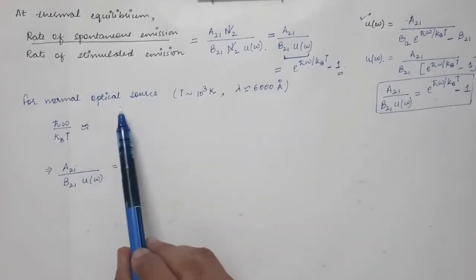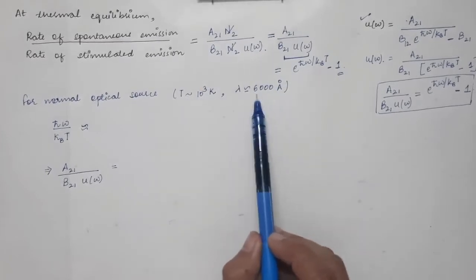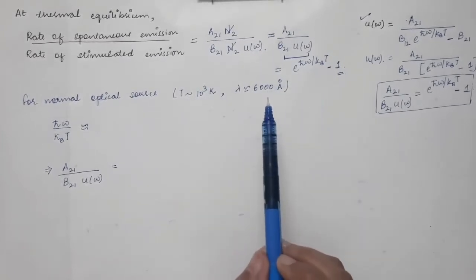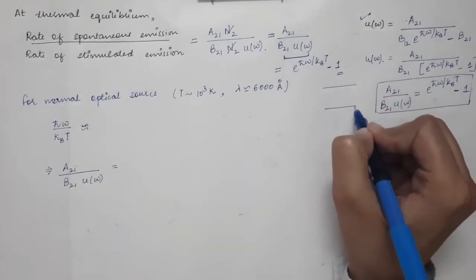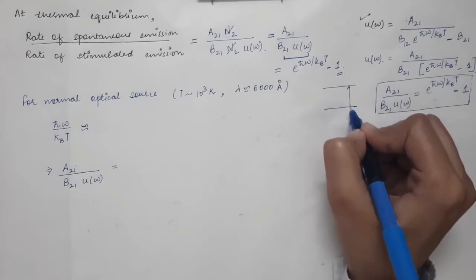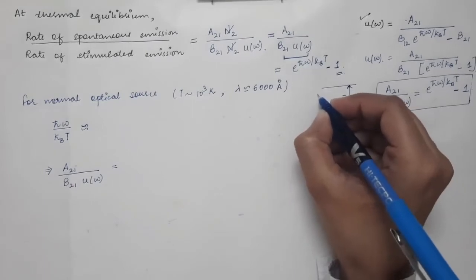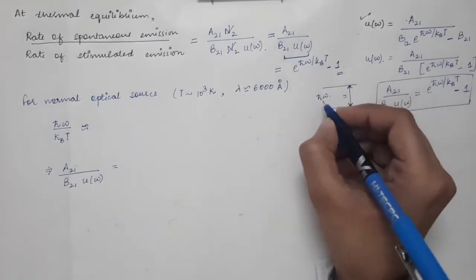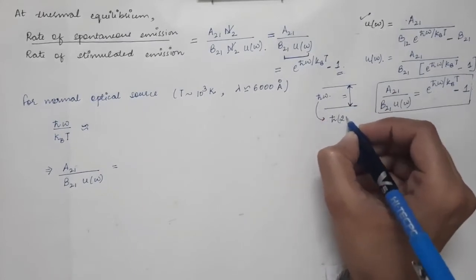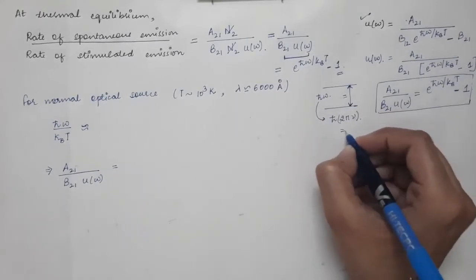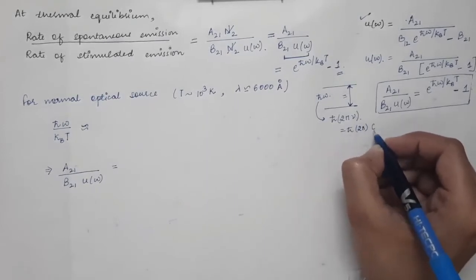For the normal optical sources, we make photons of this wavelength fall on a two-level oscillator, and the energy difference between these two levels is equal to h cut omega. Here omega is 2 pi nu, and nu is c divided by lambda.